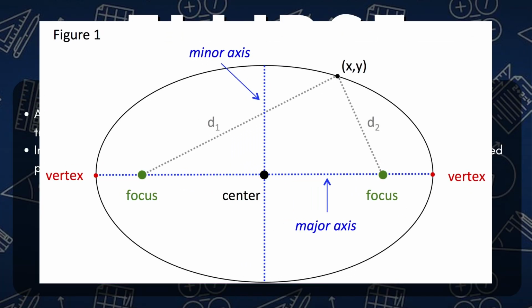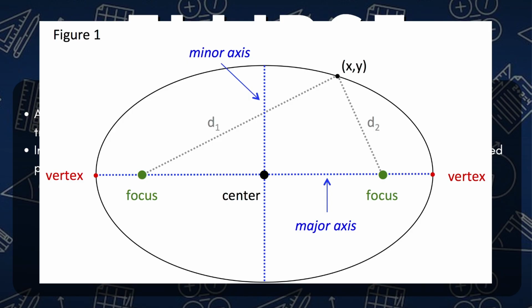For the parts of an ellipse, we have the major axis, which is the longest line or longest chord in the ellipse. Next is the minor axis, which is the shortest chord in the ellipse, and it's perpendicular to the major axis.